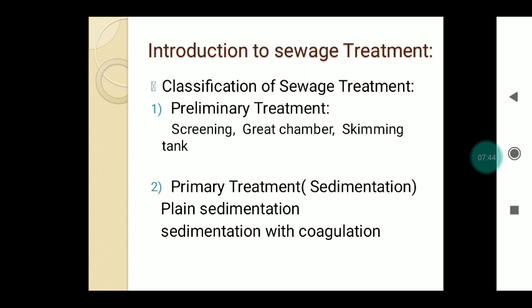In this, the small particles having lighter weight are always in suspension, and these particles do not settle down at the bottom of the settling tank. But a coagulant like alum is added, due to which these particles attract each other and become a heavy mass, and they settle down at the bottom of the settling tank. This is sedimentation with coagulation.